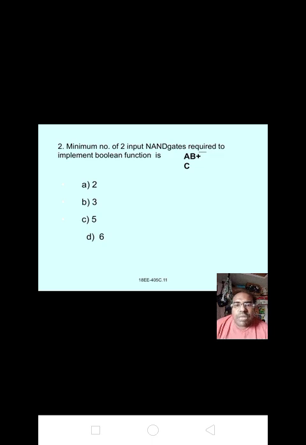Next, the minimum number of 2 input NAND gates required to implement the Boolean function AB plus C bar is: A 2, B 3, C 5, D 6. The answer is A, 2.